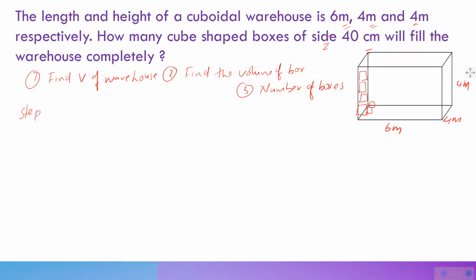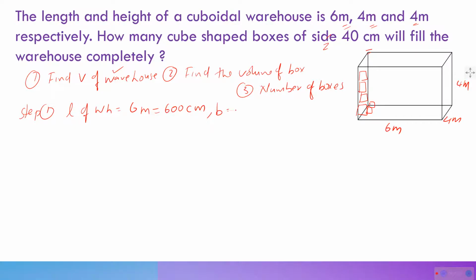Step 1 will be such that we will find out the volume of the warehouse, right? Find the volume of warehouse. So it is given that the length of the warehouse is equal to 6 meter. As I told you, I am converting it into 600 centimeter.